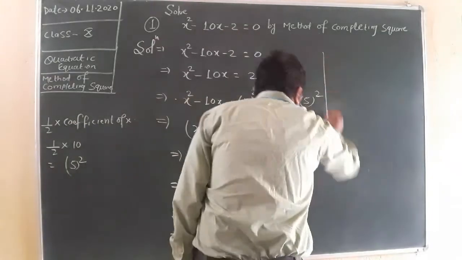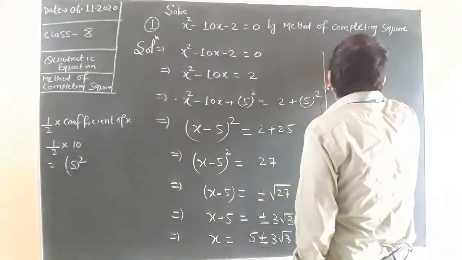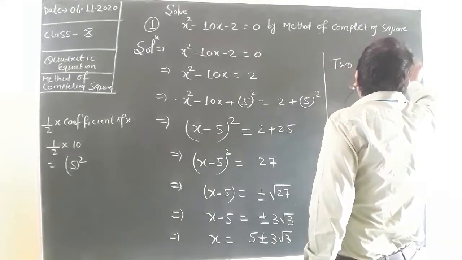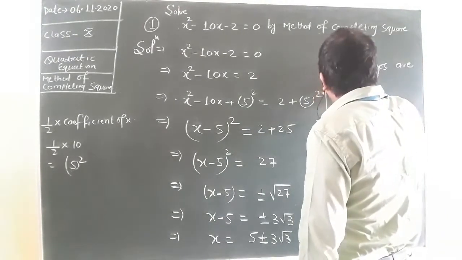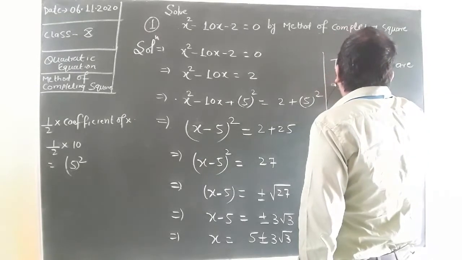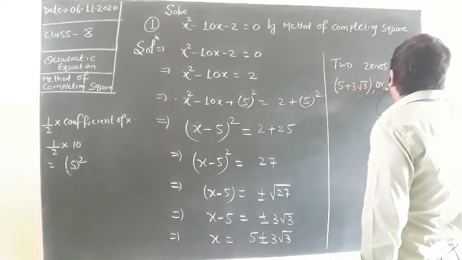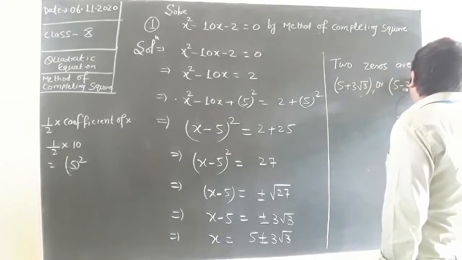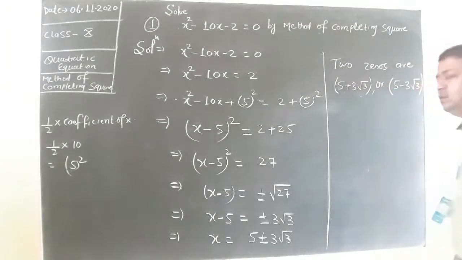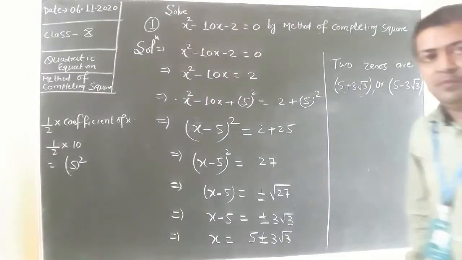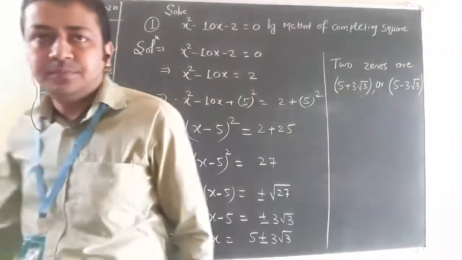So the two zeros are: first one 5 plus 3 root 3 or 5 minus 3 root 3. This is the solution of the quadratic equation by the method of completing a square.